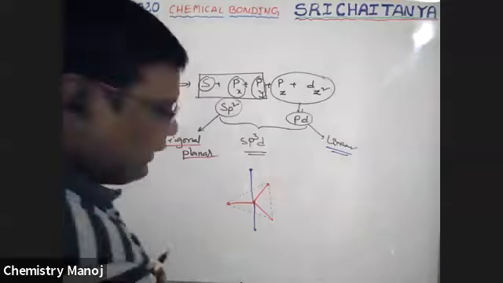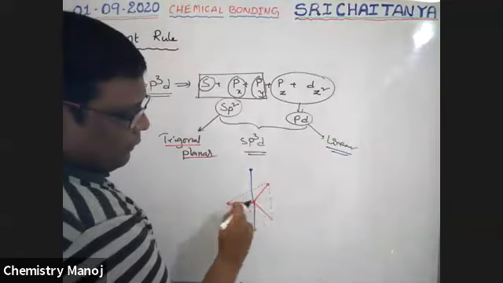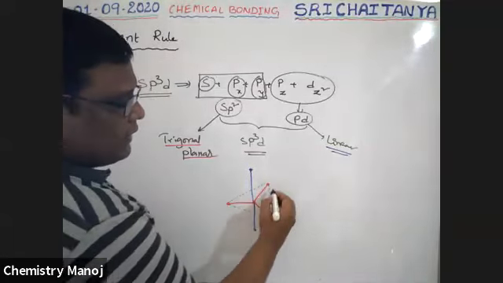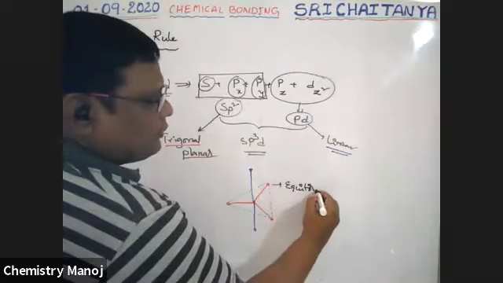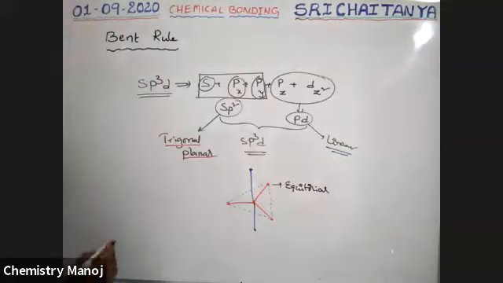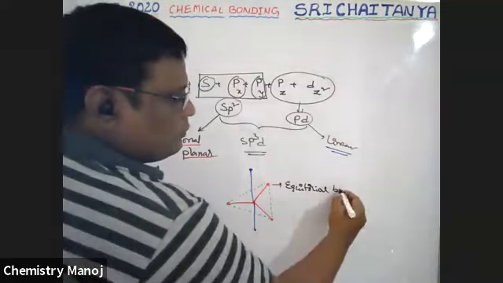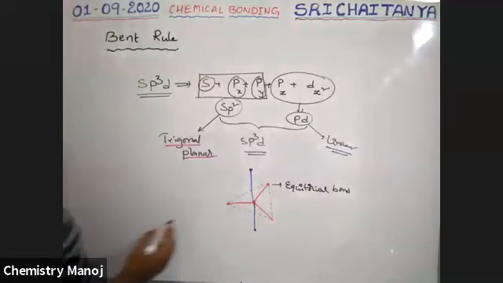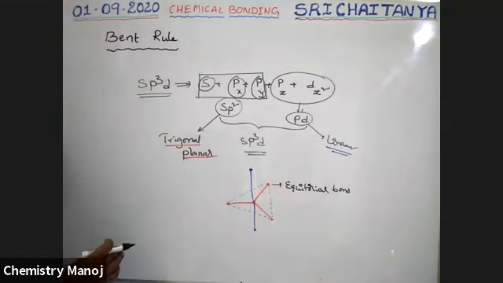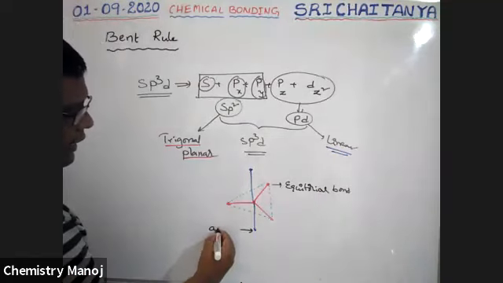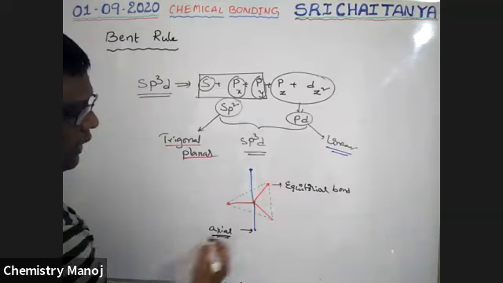Here, those present in the plane, these red lines, are called equatorial bonds. That means all those bonds within the plane. These blue lines are considered axial bonds.